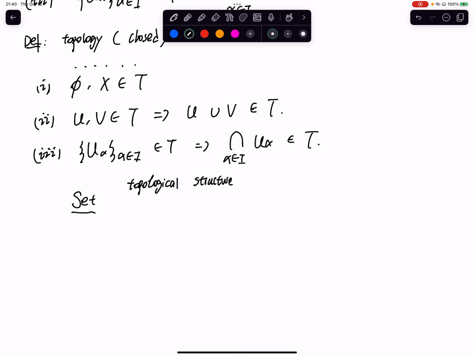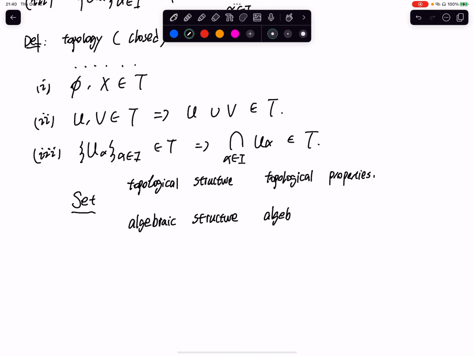And since we are studying topology, there must be some so-called topological properties. And if you are familiar with abstract algebra, we know that in studying the algebraic structures, we also have a structure generated by a set called algebraic structure. And we also have the algebraic properties.